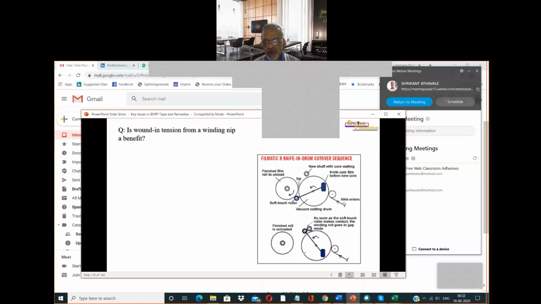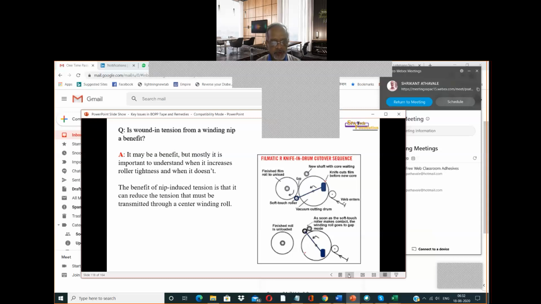Here you see a diagram of a combination of surface and center winding. This is how it can help a lot. It may be a benefit, but mostly it is important to understand when it increases roll tightness and when it does not.